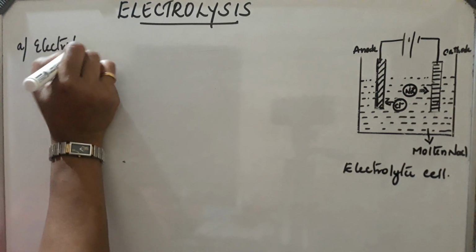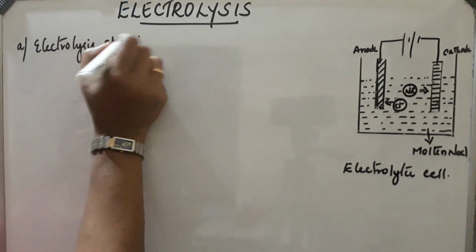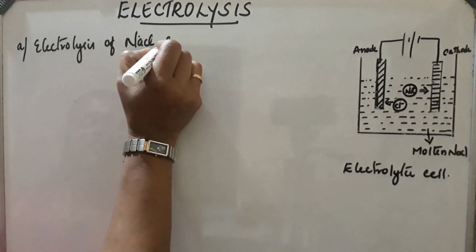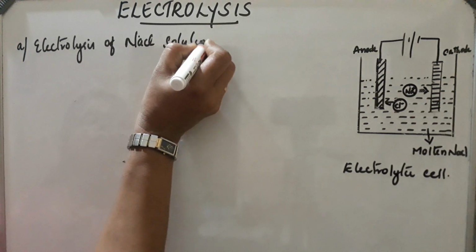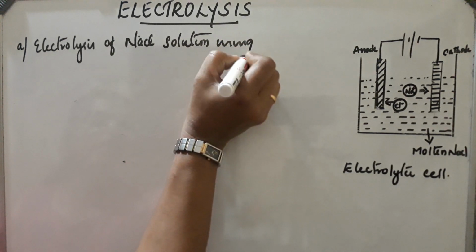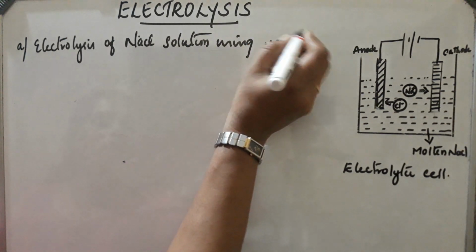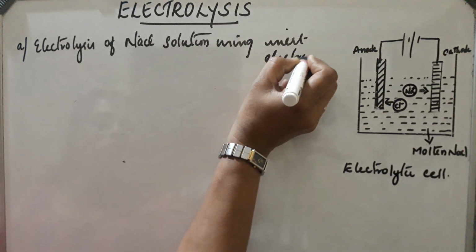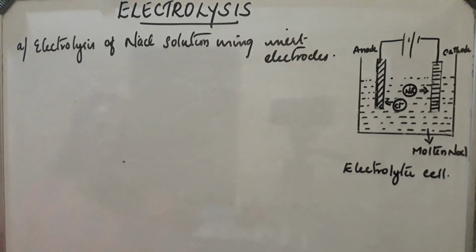Electrolysis of NaCl solution using inert electrodes. Inert electrodes means the electrodes where no reaction is taking place, they are inert. Okay, and the solution will be NaCl solution. Here what happens?